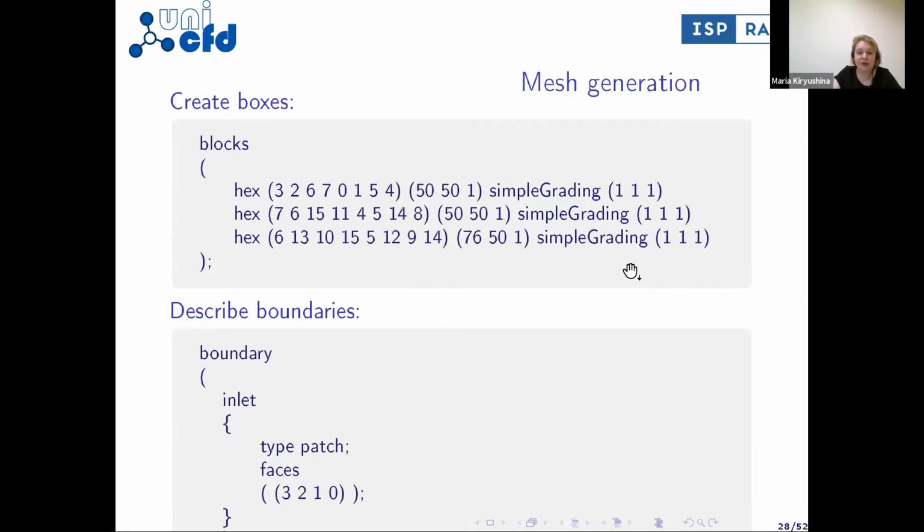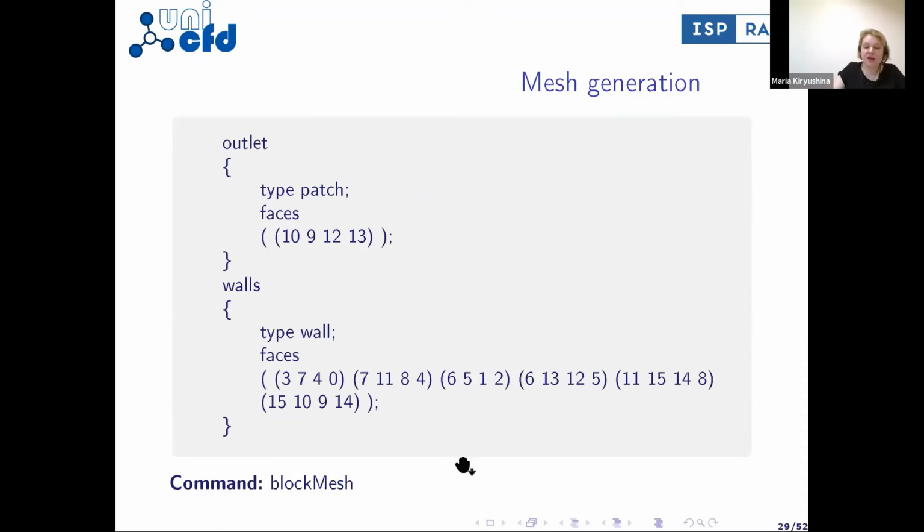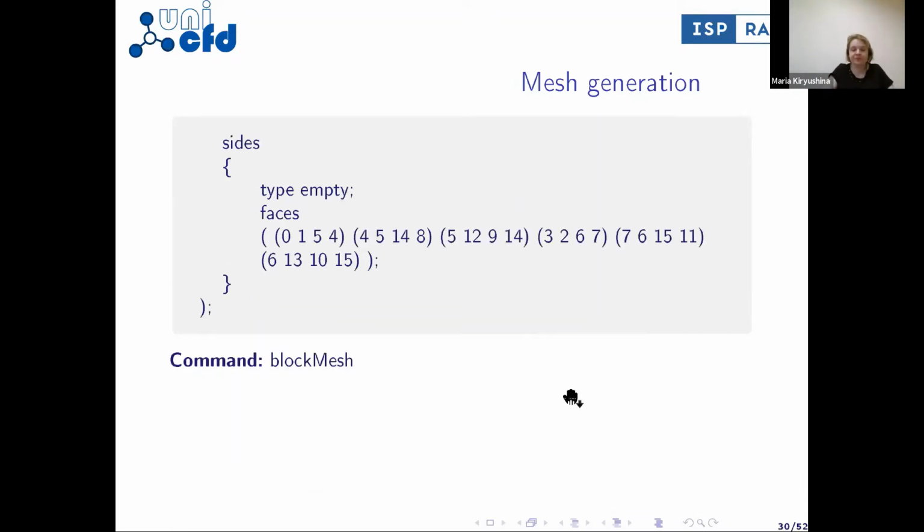Inflow is described with a patch, for example, vertices 3, 2, 1, 0 on faces. Similarly, outflow and walls are described. Also, we have to describe the boundary sides which are assigned the type empty, which is necessary for the third fictitious direction.